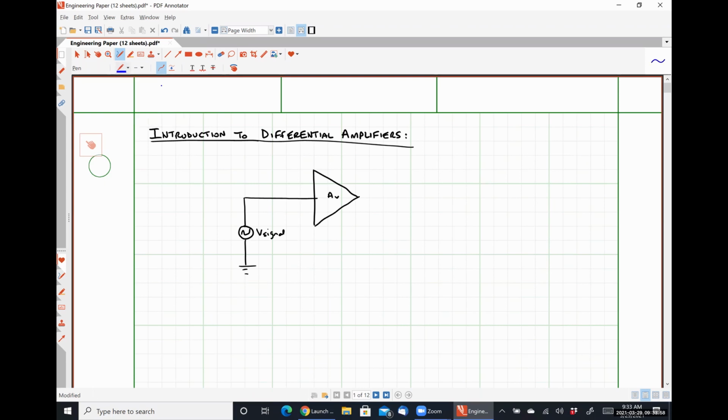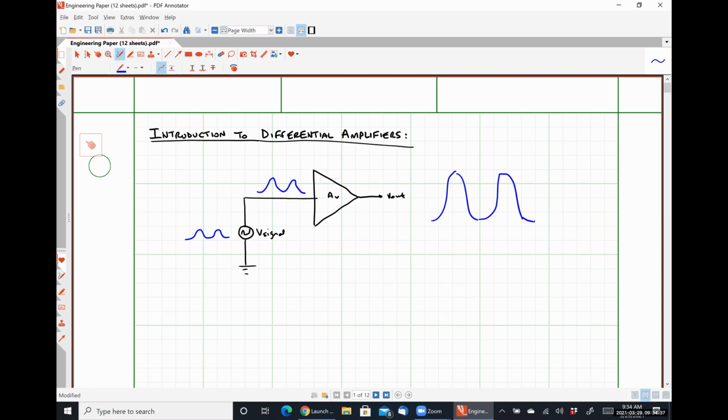And for the sake of argument, let's say that it's roughly sinusoidal, meaning that the total signal being seen by the amplifier's input terminal is sinusoidal, and the signal seen at the output, the out, is just a larger version of that sinusoidal signal. So that's how a simple single-ended amplifier works.